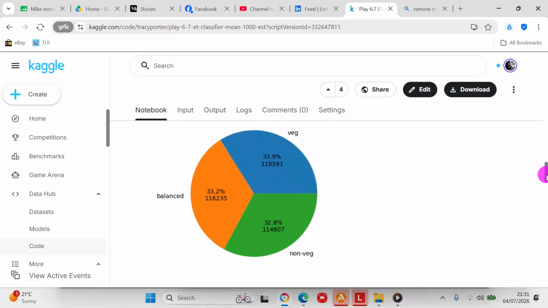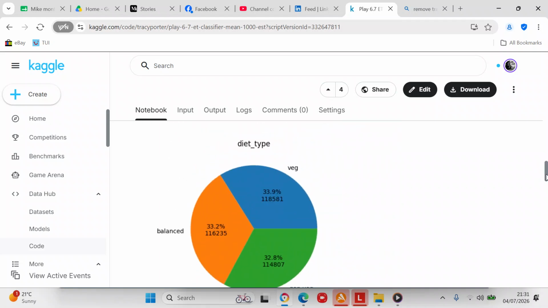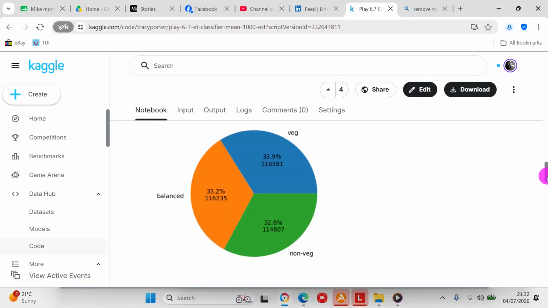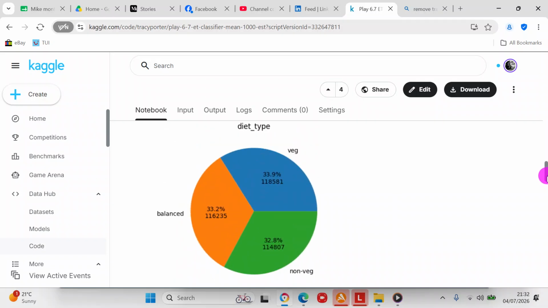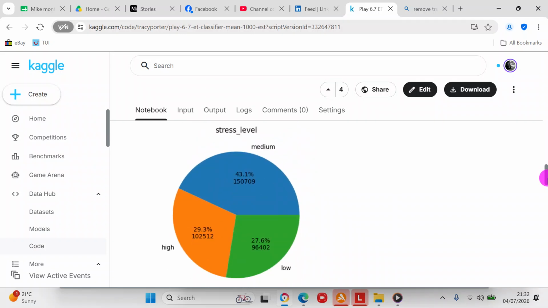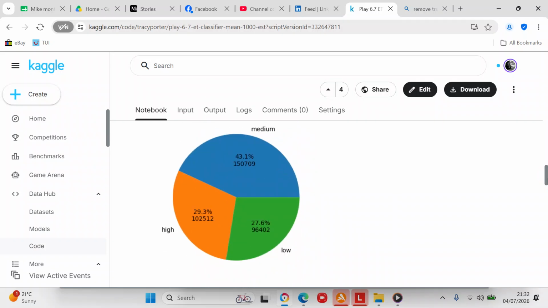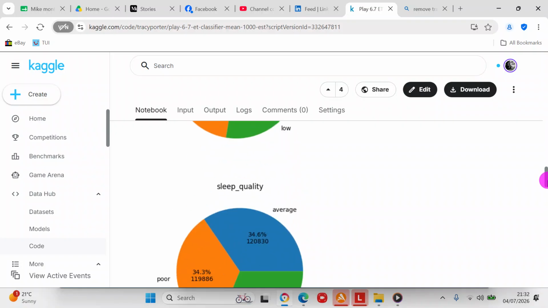And then now we've got our pie chart. So you've got your diet type, which is balanced, veg, and non-veg. So the veg was the highest, but it was close to a third each. Stress level was medium. That was the highest stress level.